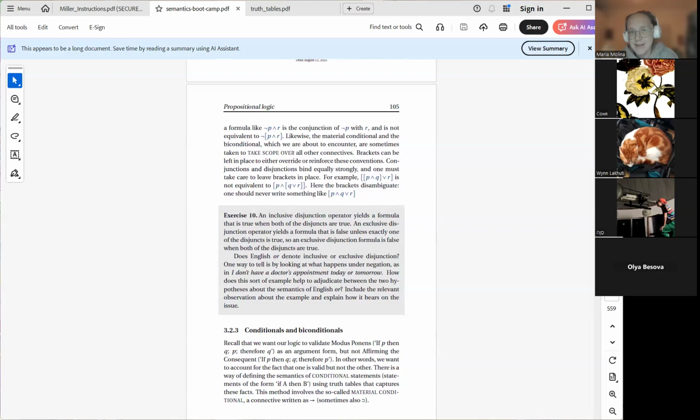Okay? Then if one of them is false, we get true both for inclusive and exclusive, and if both of them are false, then we get false both for inclusive and exclusive. All right?